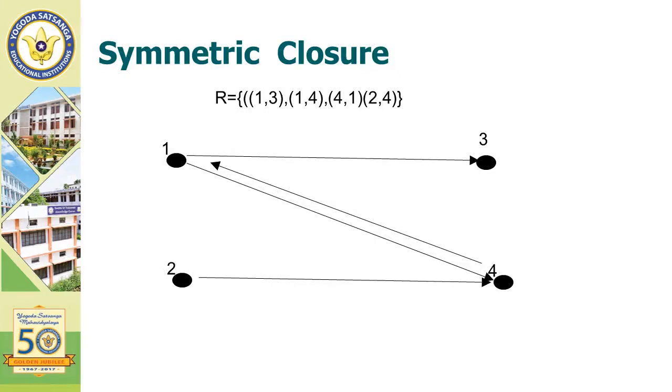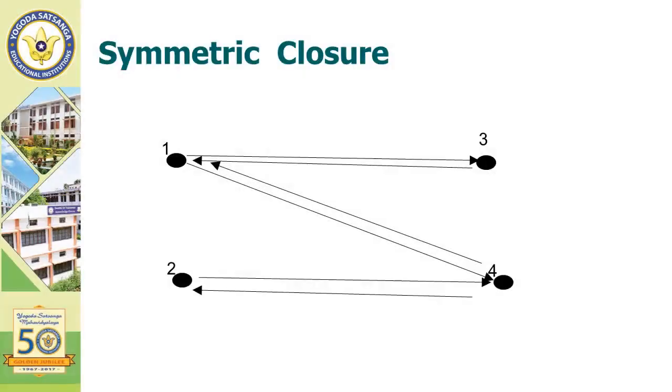Symmetric closure. Symmetric closure means, if this is the relation (1,3), (1,4), (4,1), (2,4), shown in the directed graph, then the symmetric closure is formed by adding the edges opposite to the given edges.